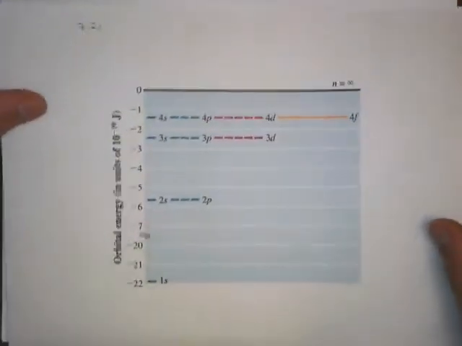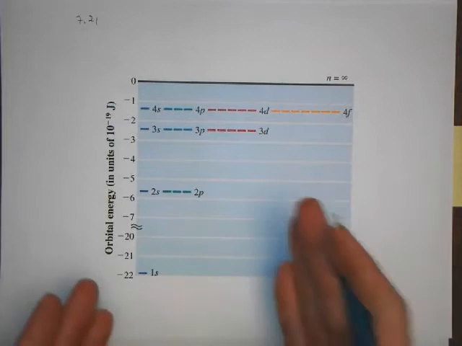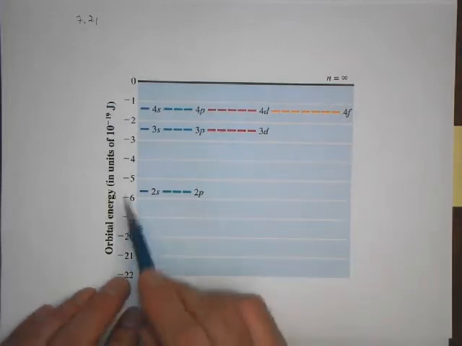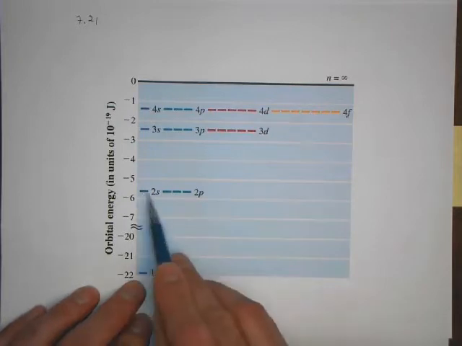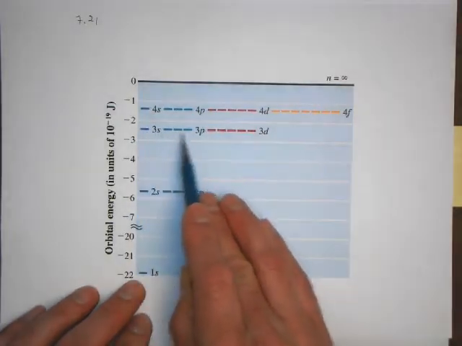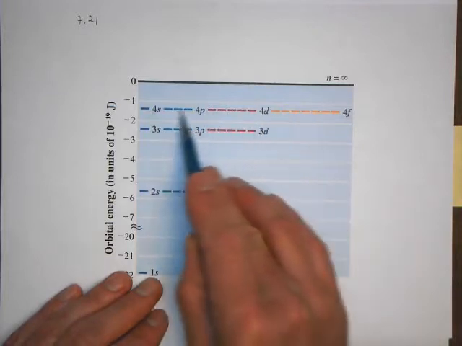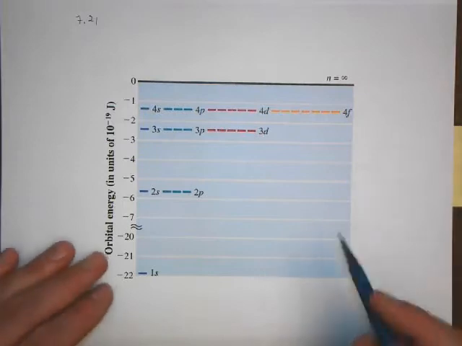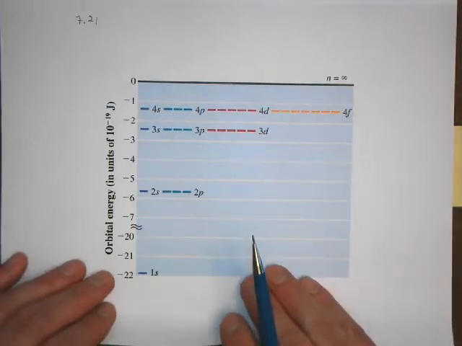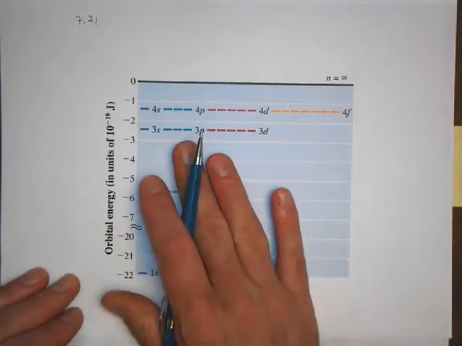So for example, this is figure 7.21 from your textbook, from last chapter. Here we have the energy, we have the 1s orbitals, the 2s and the 2p. All of these orbitals have the exact same energies if we only have one electron in the atom. In other words, the 3s, the 3p, and the 3d all have the same energy.